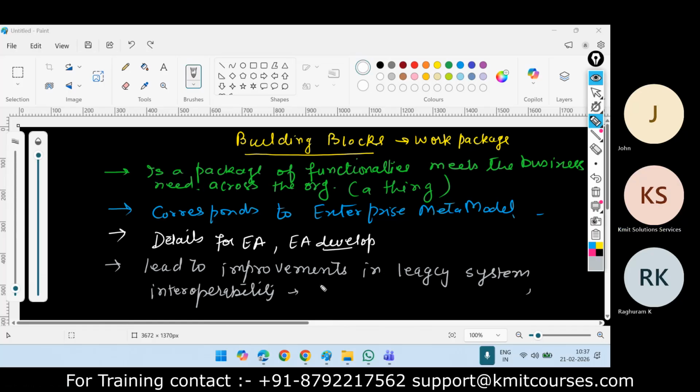In a nutshell, a building block is a working thing, meaning a work package, which is basically not logical but practical. It could be an application, some solution, some process which is in place. It can be something related to your enterprise meta model.